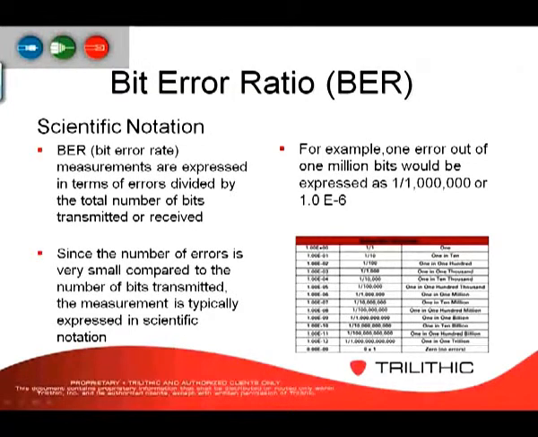By looking at 1.0e-6, I know that's one error in a million bits. If it was a minus 7, that would be 10 million bits. If it was a minus 9, that would be a billion bits. So you understand a little bit how to read that number. The higher the number, the worse it is, because one error in a billion bits is better than 2 errors in a billion bits.